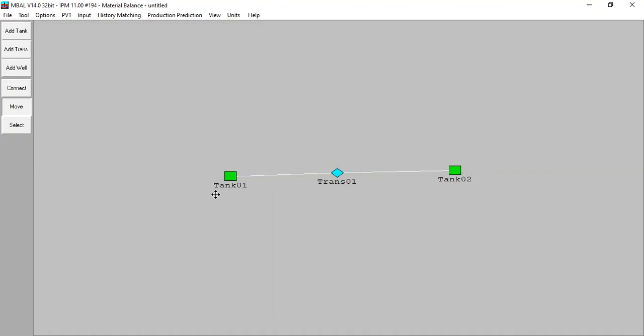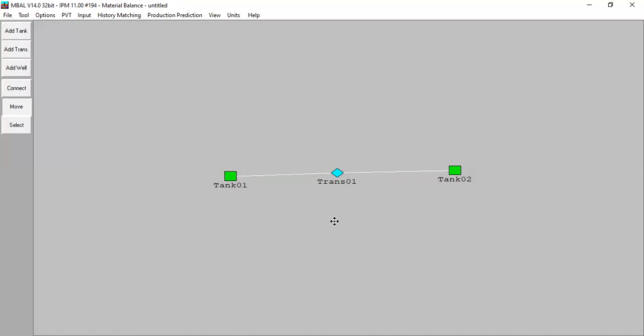Here we have 3,000 because of production. Here we have 4,000 because there is no production here, so the reservoir pressure is still initial. Okay, because of the difference of 1,000 psi, tank 2 will give the fluid to tank 1 because they are connected.